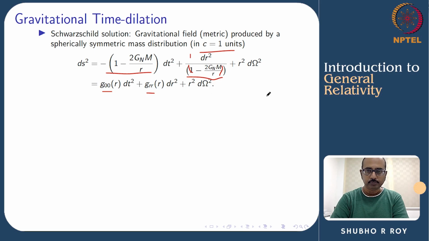Instead of using the explicit form of the coefficients, I'm going to refer to them by their abbreviations G00 and G sub RR. So this was just a reminder about how the Schwarzschild metric looks in units of c equals 1. Of course, if you do not want to use c equals 1, then one needs to put an extra factor of c squared in the denominator.